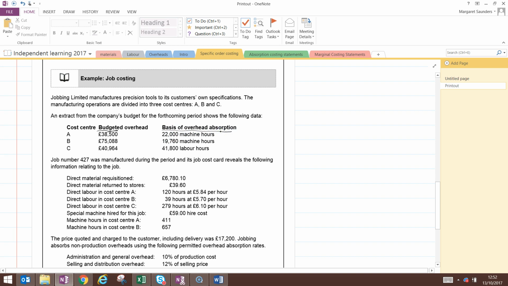And what we're being asked about is job number 427. We've been given information about job 427. We've got some material costs, we've got some labour costs, we've got machine hours.